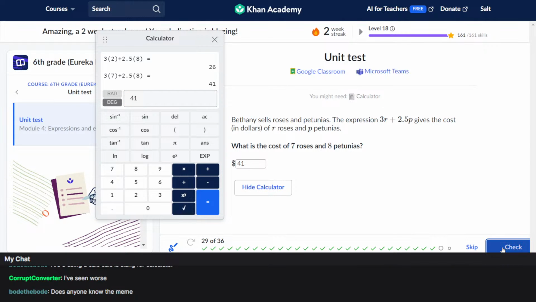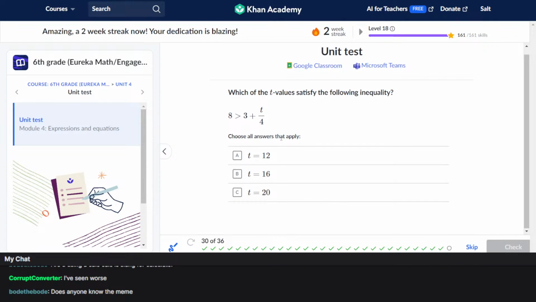Yeah, I was not expecting them to give a calculator on that, because they don't give a calculator on, like, anything else, which is annoying. Corrupt Converter says 30 of 36. 8. I think it was this one last time.